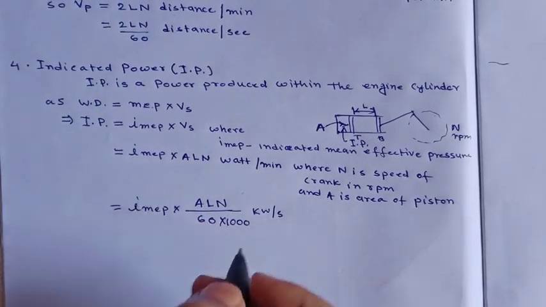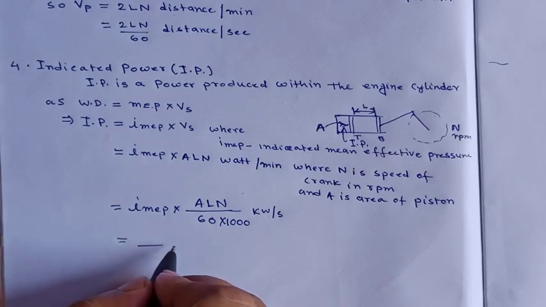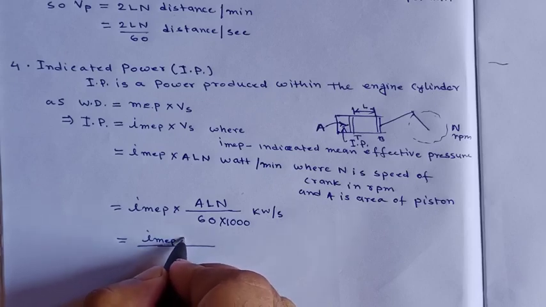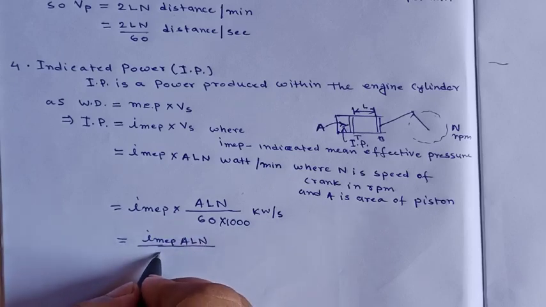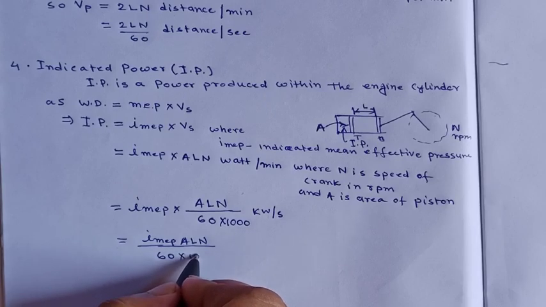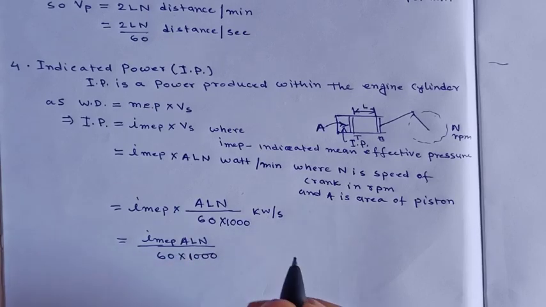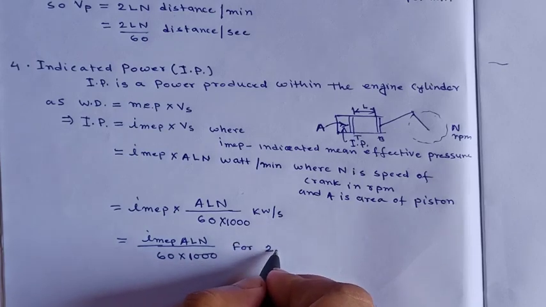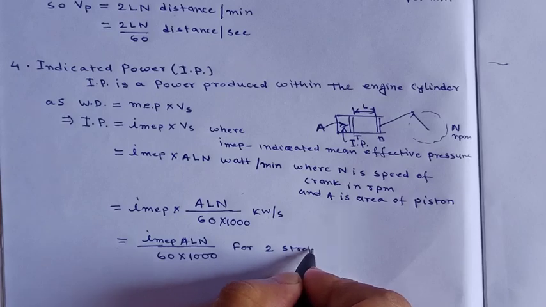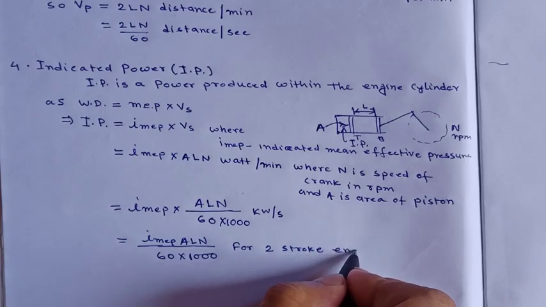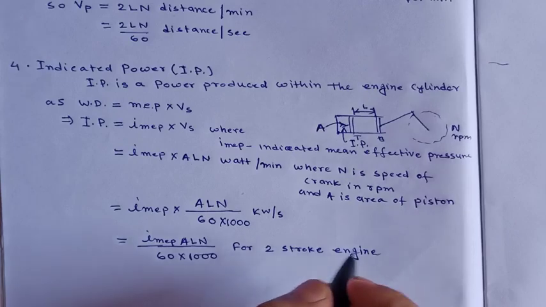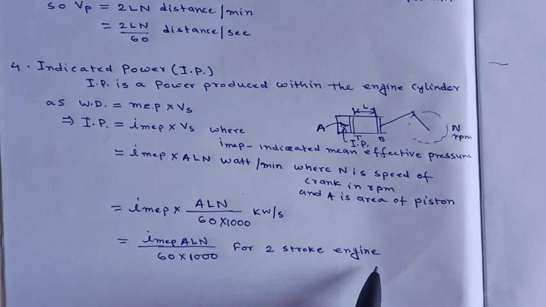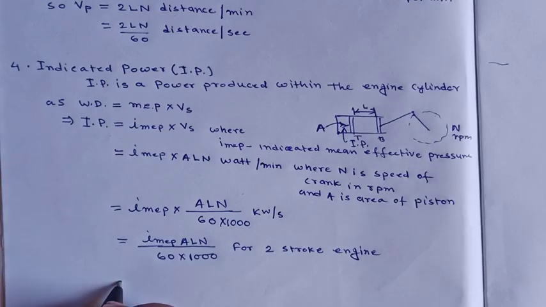This value we can write IMEP ALN by 60 into 1000. This is for a 2-stroke engine. This IP value is this, and this is for a 2-stroke engine. Now what will be for a 4-stroke engine?